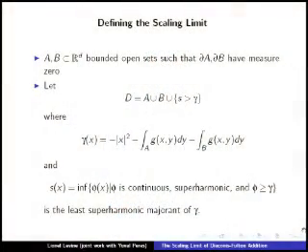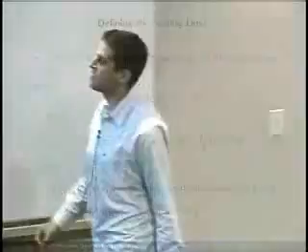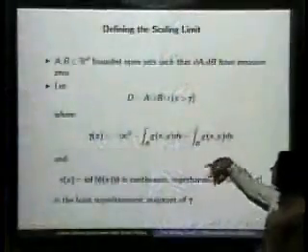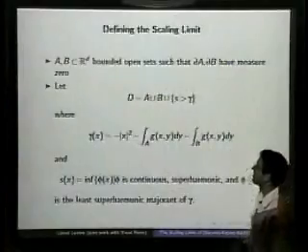We're going to take the least superharmonic majorant of this function gamma, and we're going to define D to be the domain A union B, union the set where S is strictly larger than gamma.